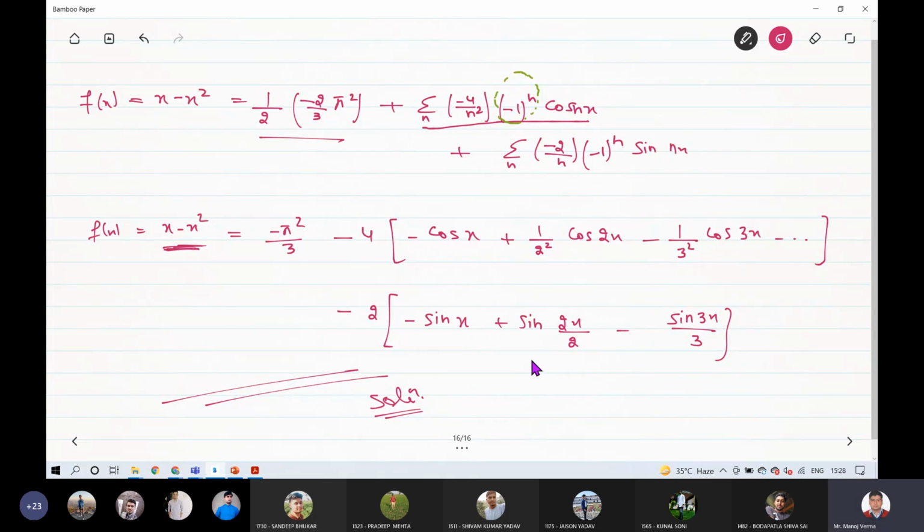If you plot x minus x square from minus pi to pi, and if you plot a single function, which is this whole function, then of course the graphs will match in the particular limits. You can do that the way we created the function and showed in the previous class.